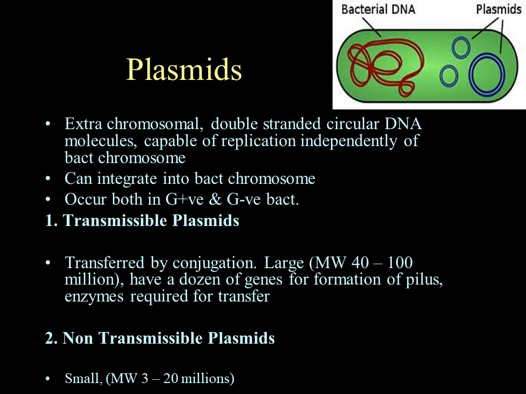They can insert more genes into the chromosome, putting them at some active site and creating more and more effects. They can be transmissible plasmids, they can be non-transmissible plasmids. Transmissible plasmids are larger in size, and usually they have genes for formation of pili, formation of enzymes, things like this. And there are also the non-transmissible smaller size plasmids.